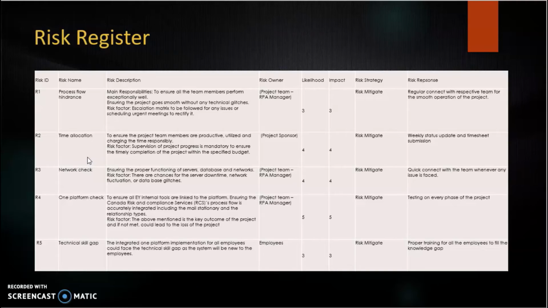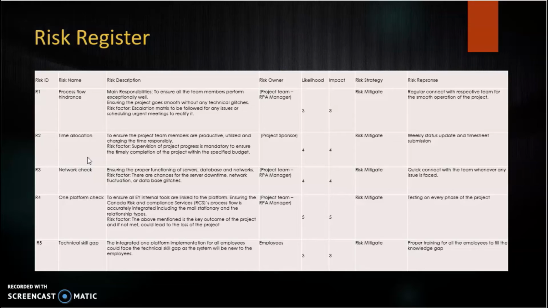The third one is the network check, whether the network is stable, not fluctuating, and without any database glitches or any network issue. The fourth risk is the platform check, that is the motto of our project. And the fifth one is the technical skill gap.